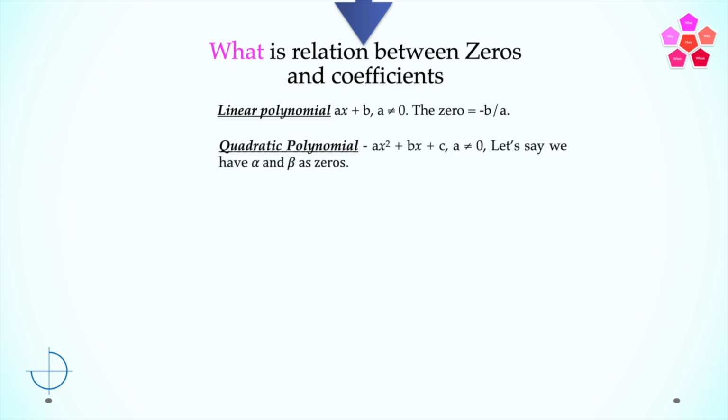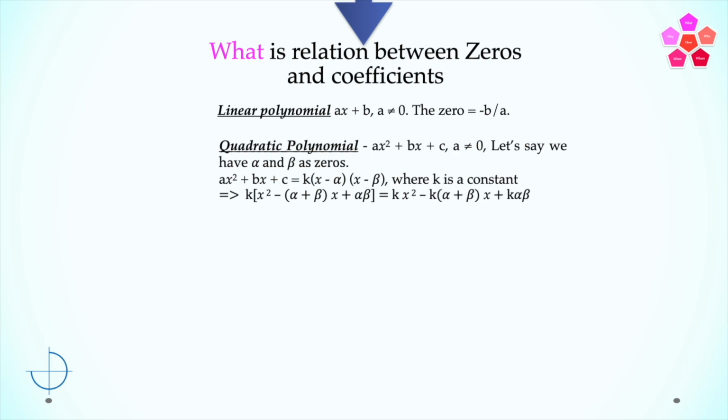So if we write the equation, ax squared plus bx plus c is equal to k into (x minus alpha) into (x minus beta), where k is a constant. If we expand the equation, we get k x squared minus k into (alpha plus beta) multiplied by x plus k into alpha into beta.